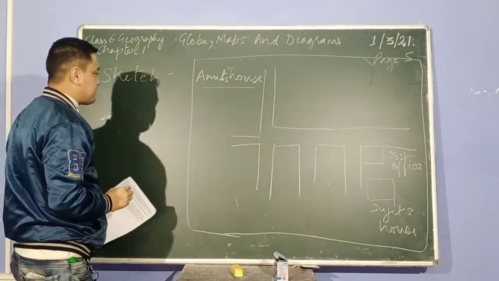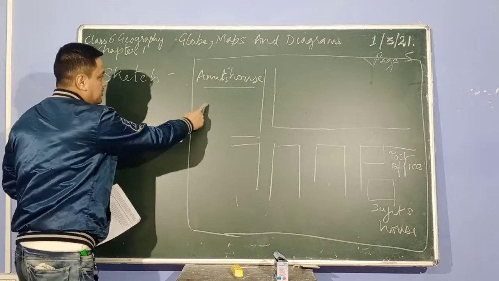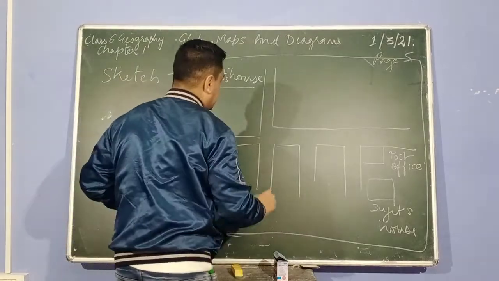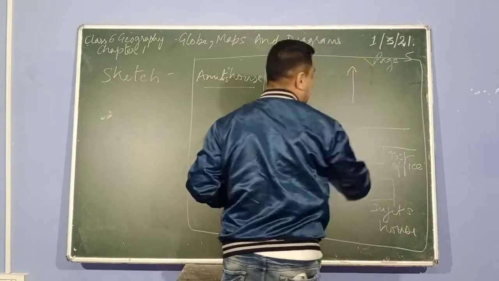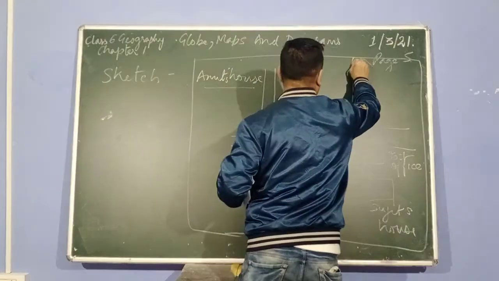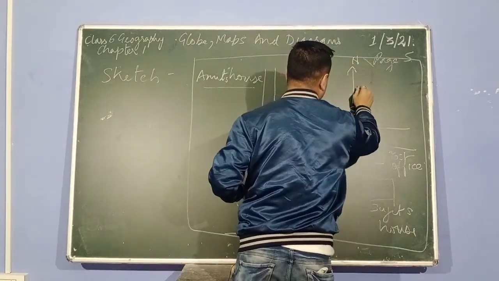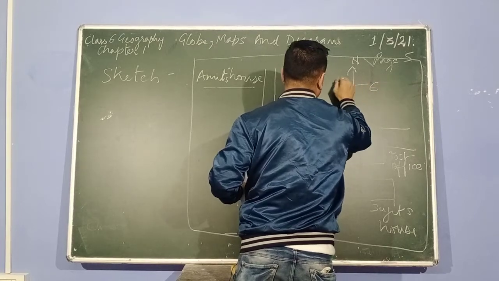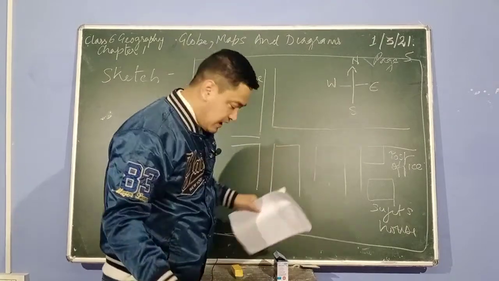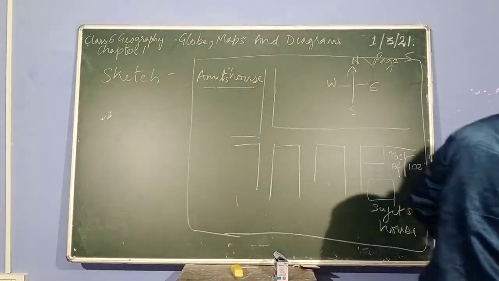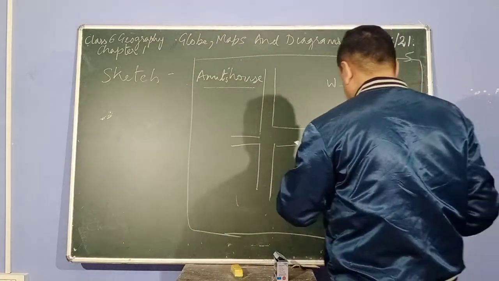First of all, we have to know the direction of the place. Let's take, for example, the direction. The arrow pointing towards the upper part always shows the north. This is the south, this is the east, this is the west. Now I'll make a cardinal direction here at the top.